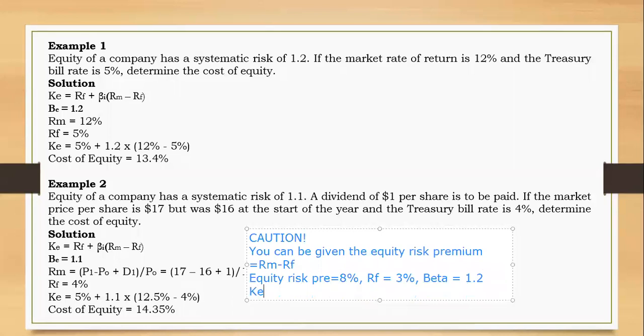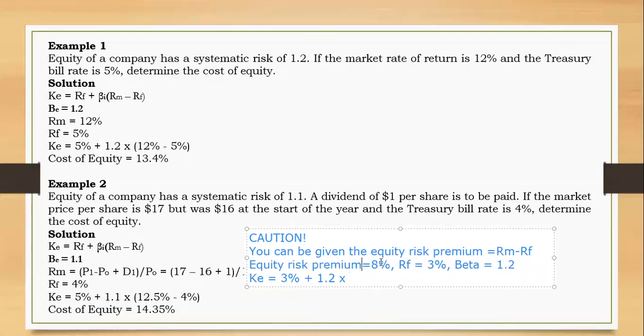If you need to obtain the cost of equity, you just plug in your values. RF, which is 3%, I would add beta equals 1.2, times the equity risk premium. We already have the equity risk premium, so you do not have to take RM minus something. You already have it as 8%.